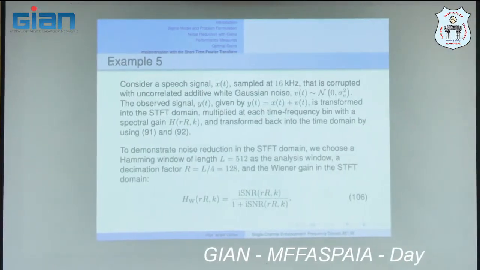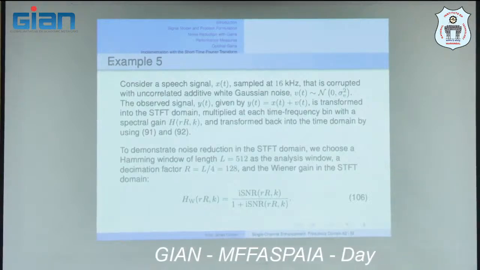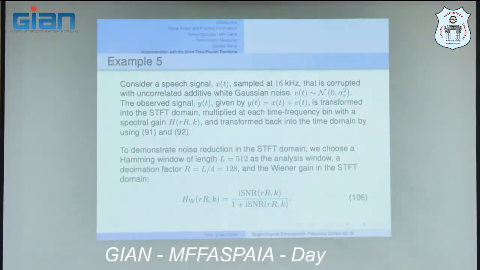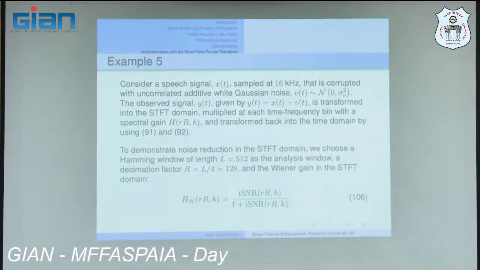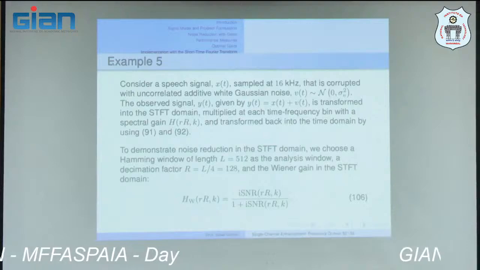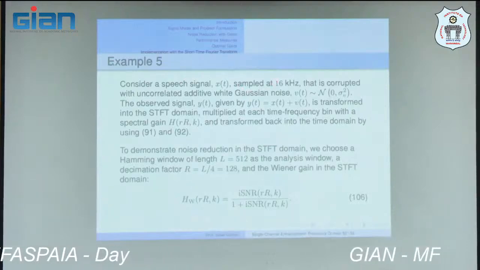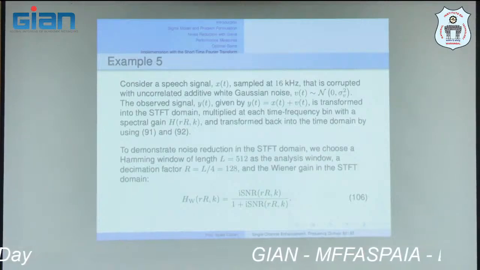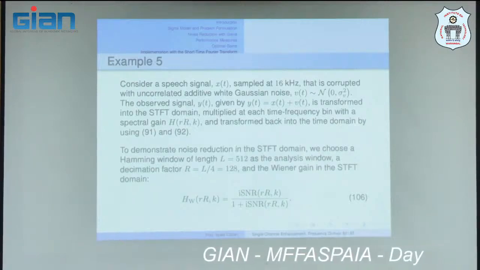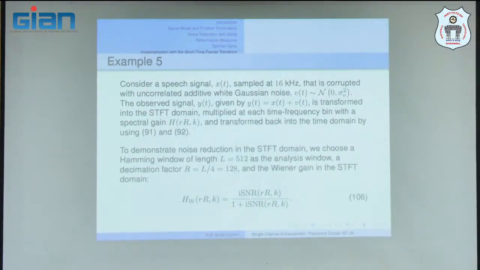Let's see an example. Okay? So in this example, we would like to work with a practical signal, like a speech signal, that is sampled at 16 kilohertz. Afterwards, I want you to repeat this example and do it on your own voice.